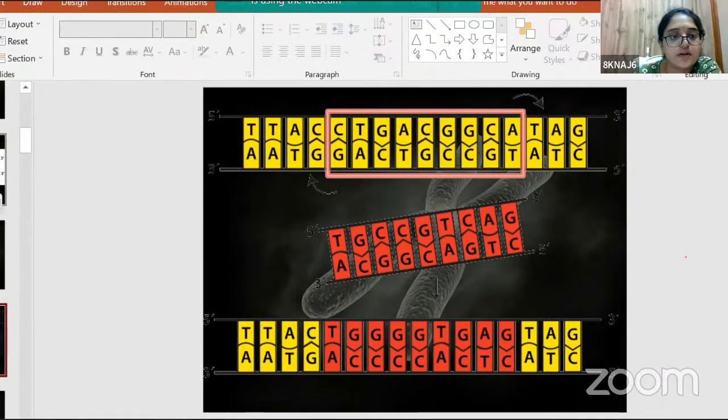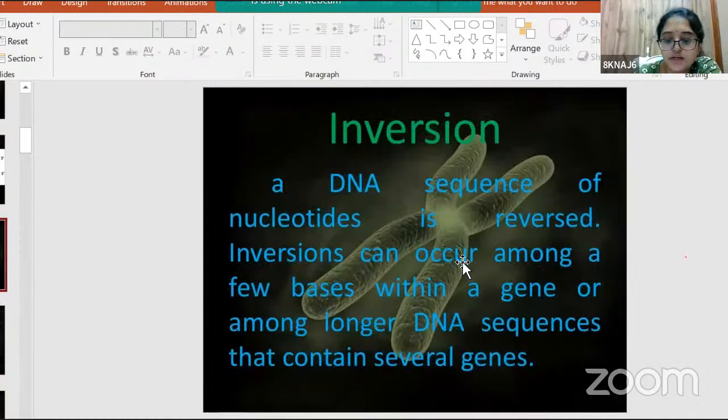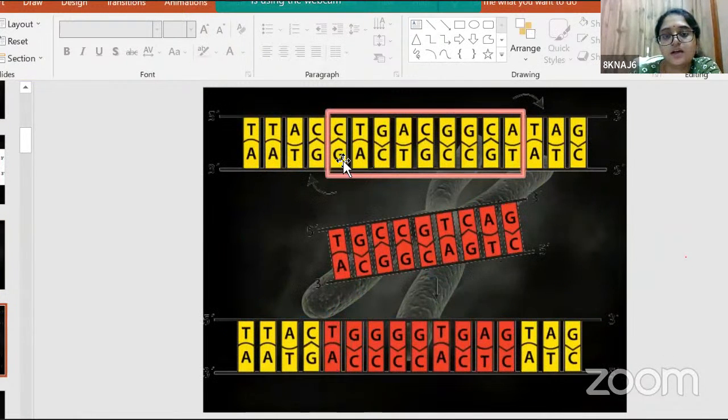They have also mentioned inversion. Inversion is when a DNA sequence is reversed. It can occur amongst a few bases within a gene or longer DNA sequences. See here, C and G, the pyrimidines, are being inverted with the purines.